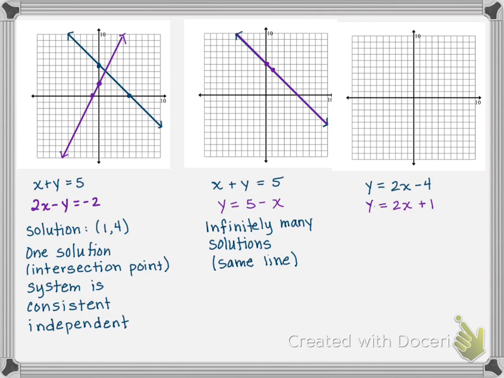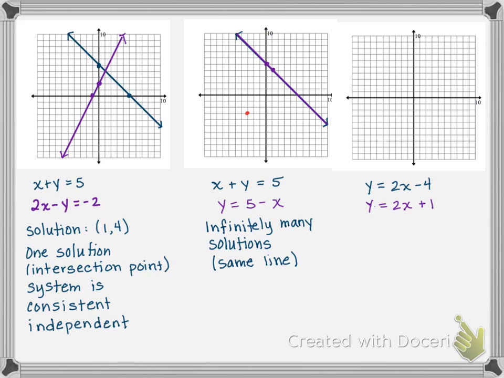Now we have to be slightly careful about infinitely many solutions. When we solved equations in one variable, and it had infinitely many solutions, we said that all real numbers were solutions, right? You guys remember that? We can't say the same thing here, because it is not true that every single point is a solution to this system, right?